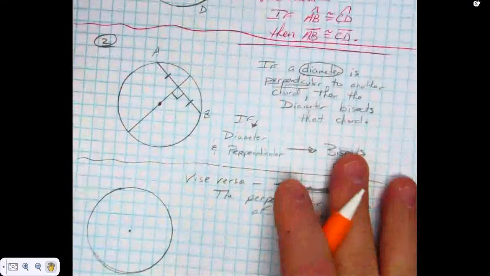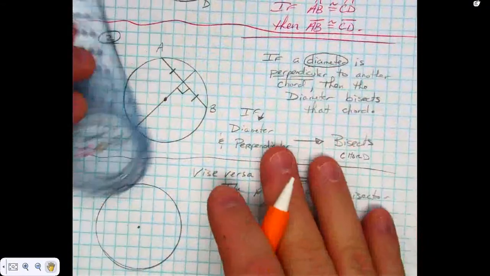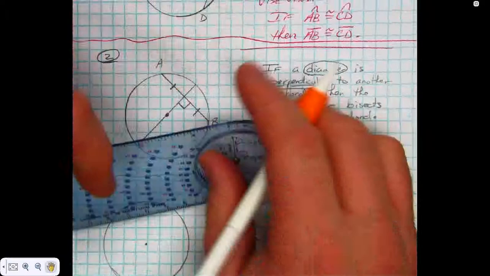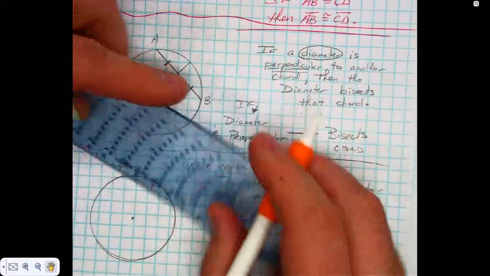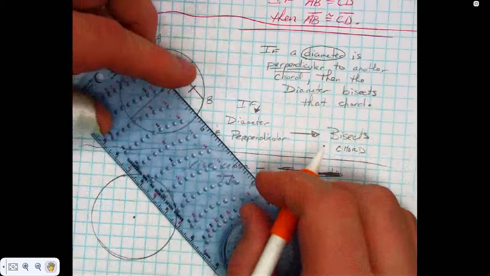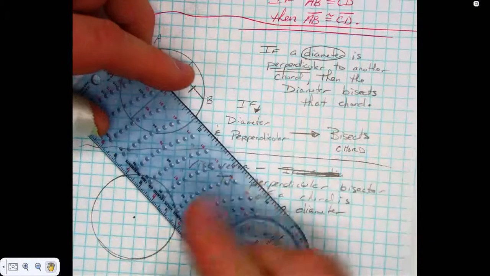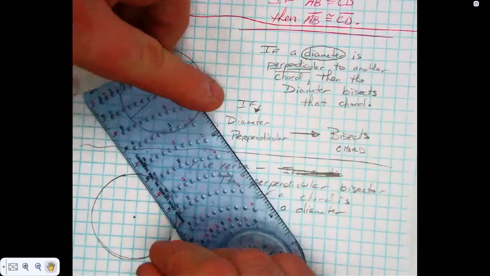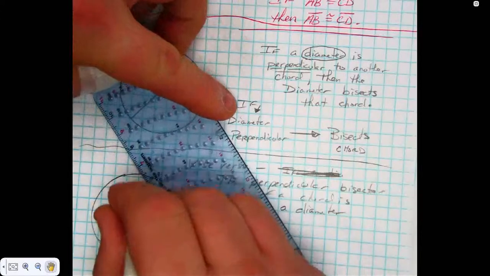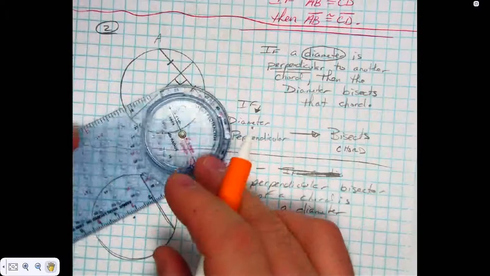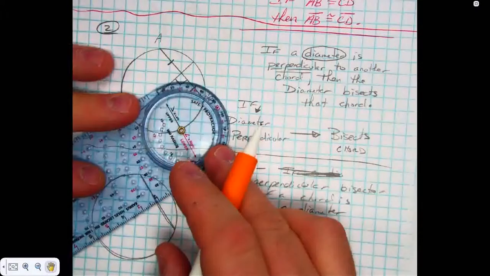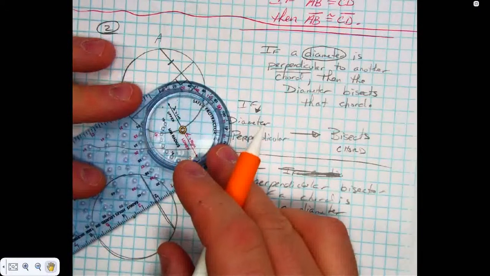Let's say I didn't know where the center was, and I drew a chord. If I was able to construct a perpendicular bisector of this, it would have to go through the center.